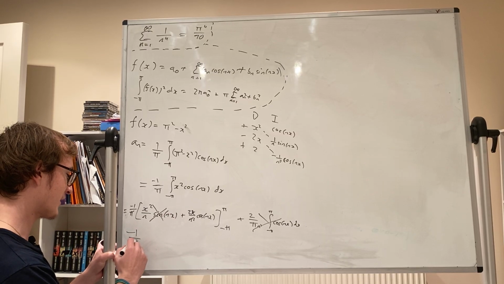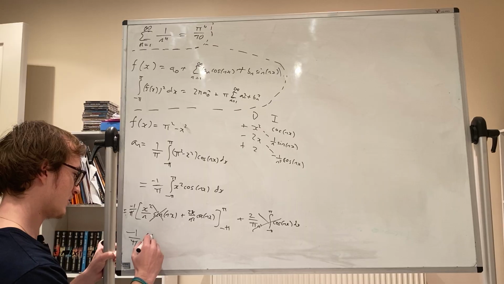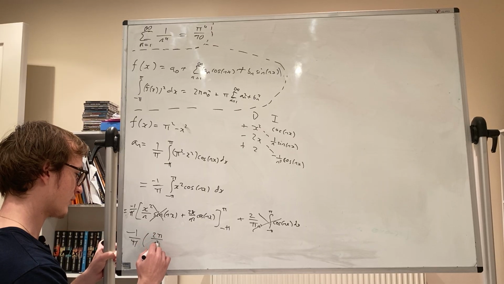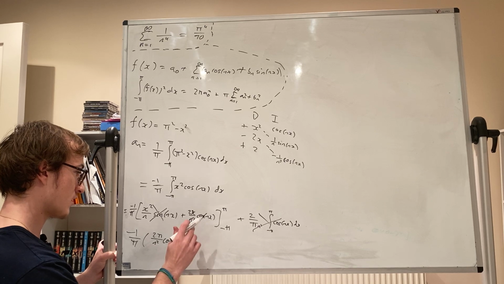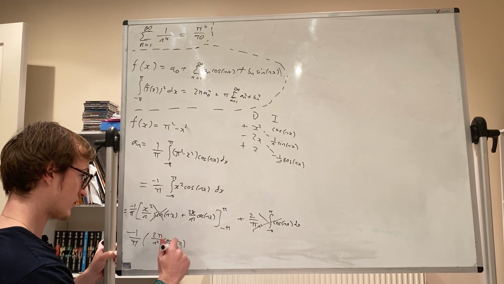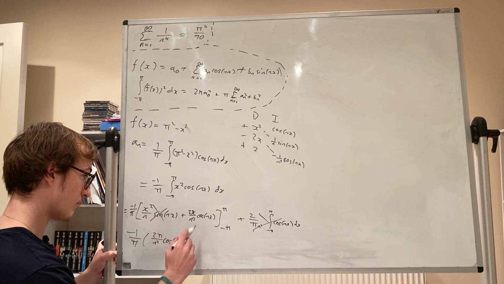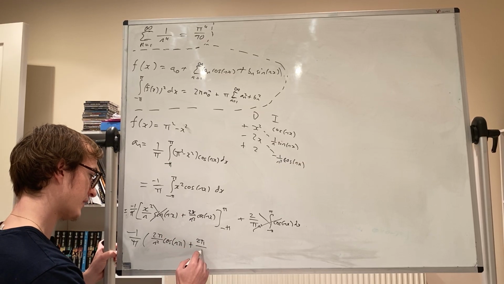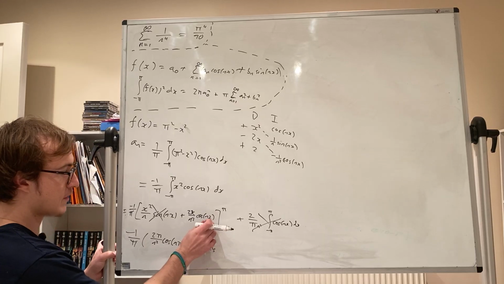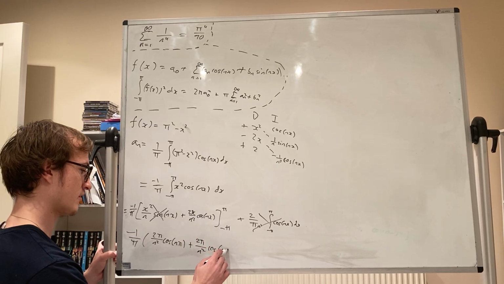So we get minus 1 over pi times 2 pi over n squared cosine of n pi, minus pi, so plus 2 pi over n squared cosine of, and minus n pi is just n pi.